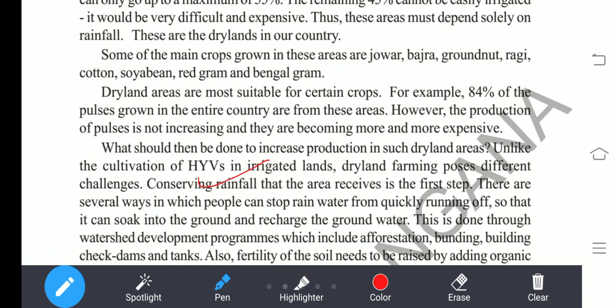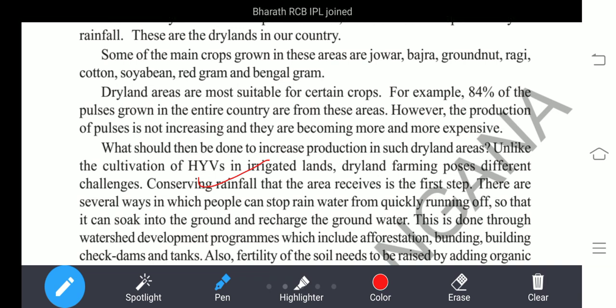That's the first step. It means the flowing rainwater should be regulated instead of flowing quickly. That is what we call runoff. The flowing water is called runoff. Understand? So runoff should be reduced in its speed.